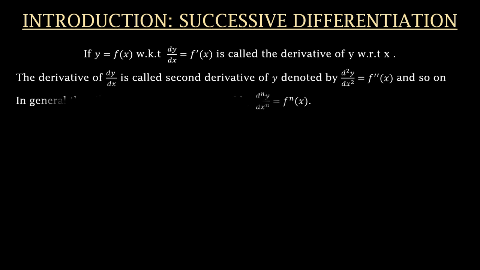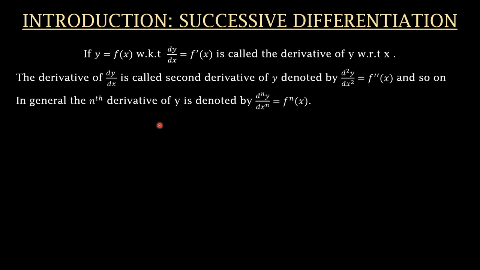By observing the pattern in those successive derivatives, you are going to derive the nth order derivative of the given function. So in short, you are given any function f of x. Try to find the corresponding nth order derivative of the given function by observing the pattern in the successive derivatives.